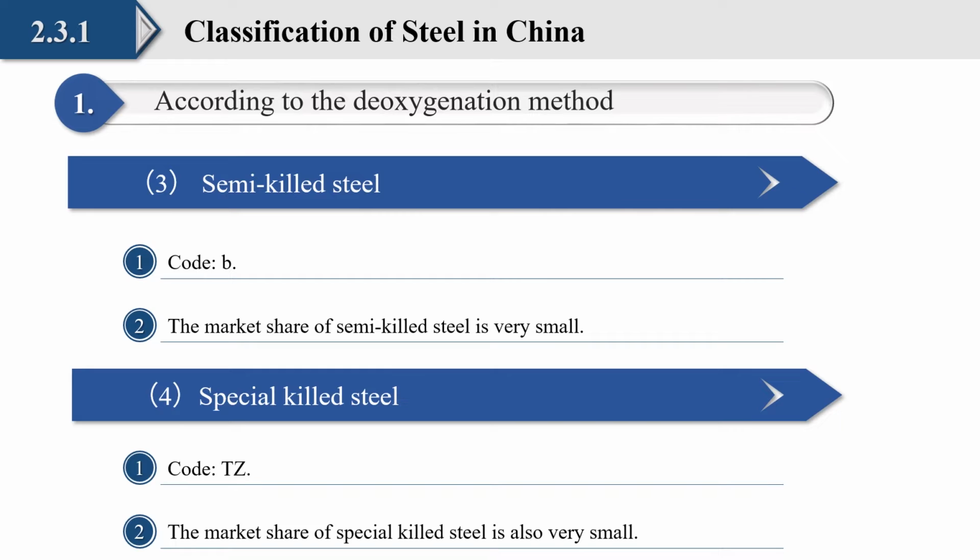The code for semi-cooled steel is lowercase b, and for special cooled steel is capital TZ. The market share of semi-cooled steel and special cooled steel are both minimal.